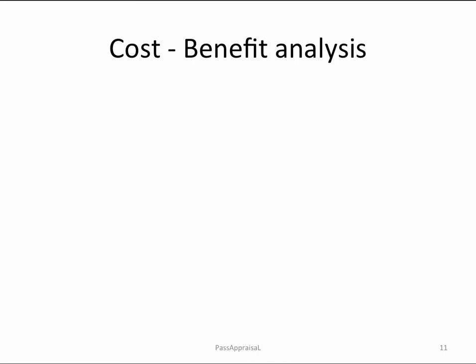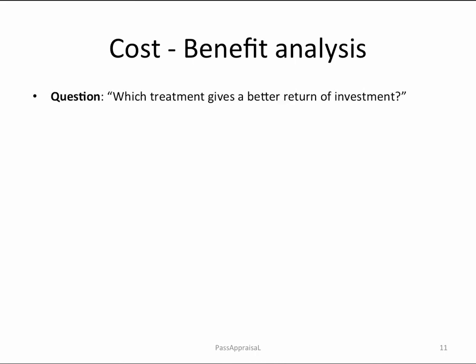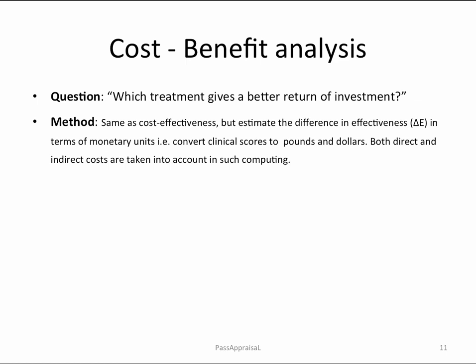Next comes the cost-benefit analysis. This answers the question, which treatment gives a better return of investment? The method is the same as cost-effectiveness analysis, but the difference in effectiveness is estimated in terms of monetary units. This is done by converting clinical scores to pounds and dollars.